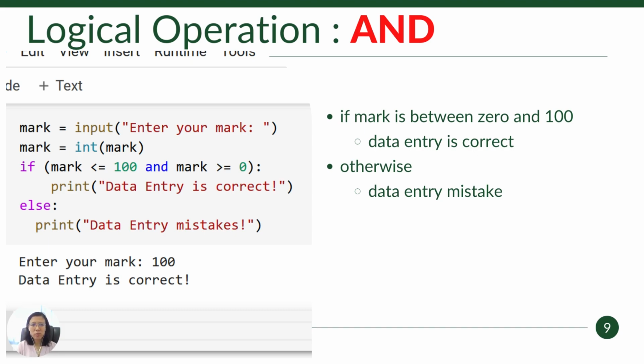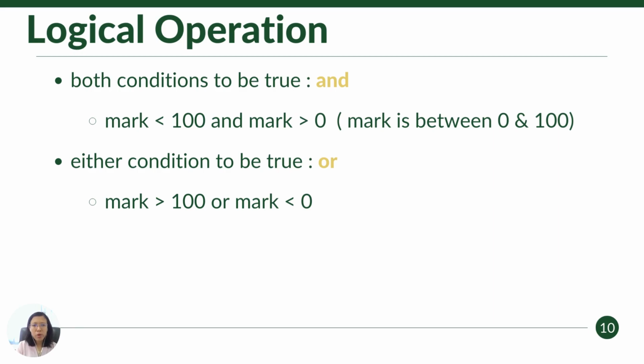Both conditions must be true. In this case, we use the AND logical operator. In summary, what you have to remember is: if we want both conditions to be true, we use the AND logical operator. If you want either condition to be true, we use the OR logical operator.